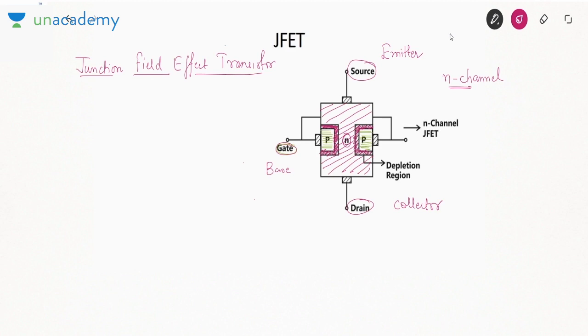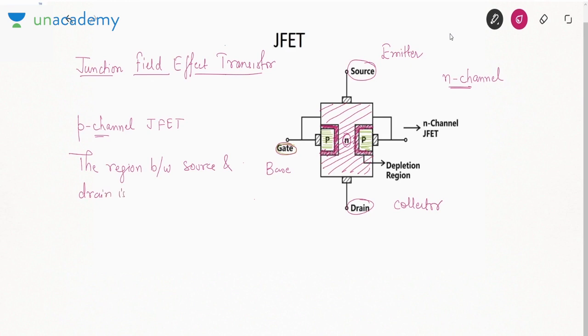Okay. Similarly, there is one more variety of JFET which is called P channel JFET. In P channel JFET, the region between source and drain is P type. If the region is P type, the region adjacent to gate is N type.